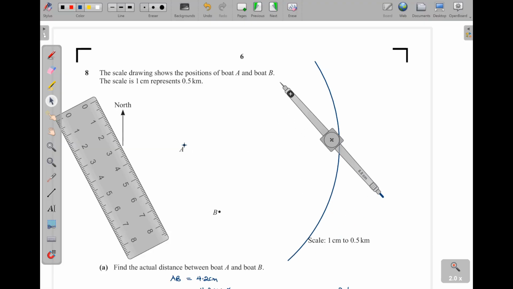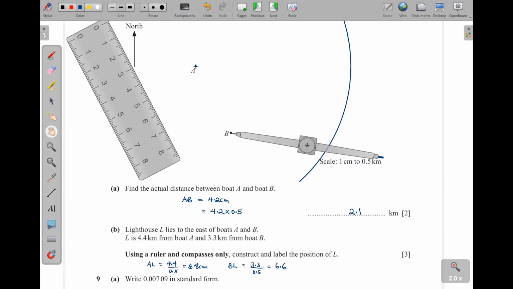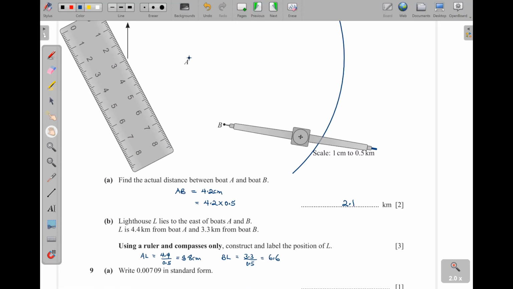Then get your compass, put it here on B. Then we measure. BL is 6.6. Let me put also centimeters here.